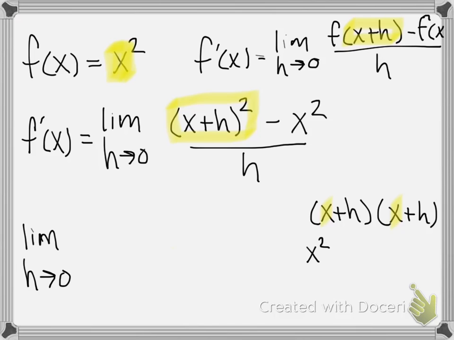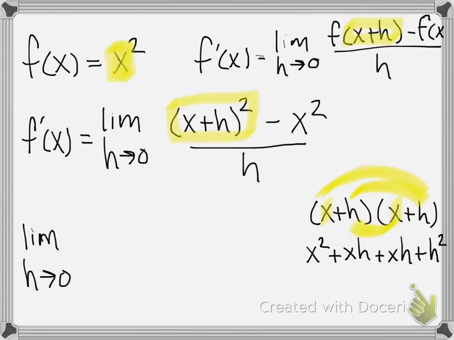And then we're going to have plus xh, which comes from multiplying our outside, our x and our h. And then our inside, which is our h and that x, so it's going to be plus xh plus our last terms, which are h and h. So 2 h's gives us h squared. So that's where that comes from.